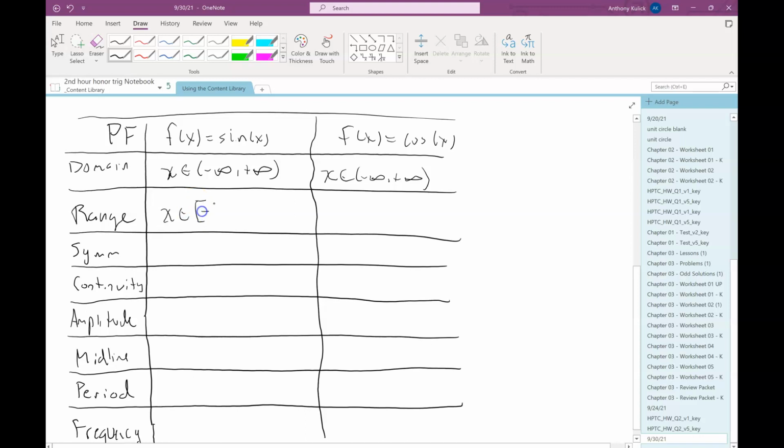Notice here that I'm using a bracket rather than a parenthesis because sine and cosine actually can take on the values of -1 and +1. For example, sine of 90 degrees is +1, or cosine of 180 degrees is -1, etc. So those get brackets there.